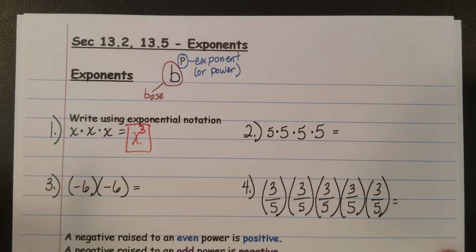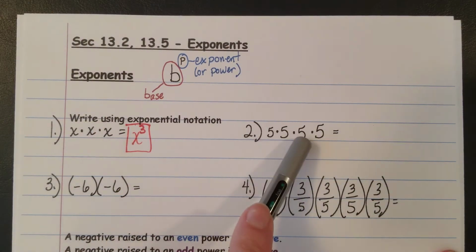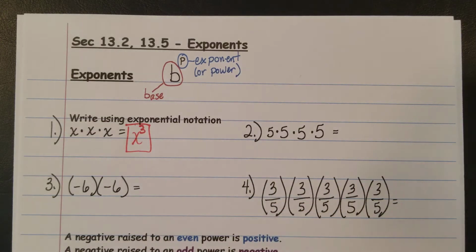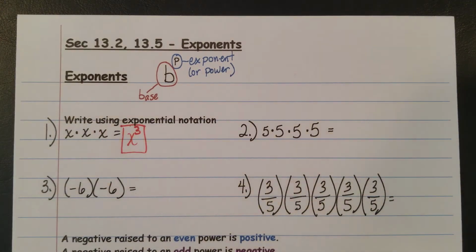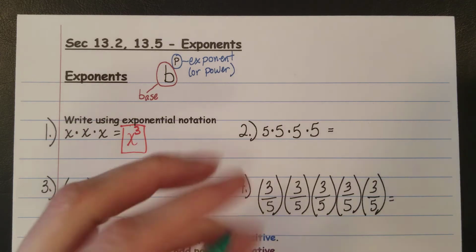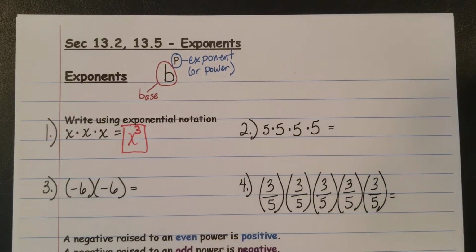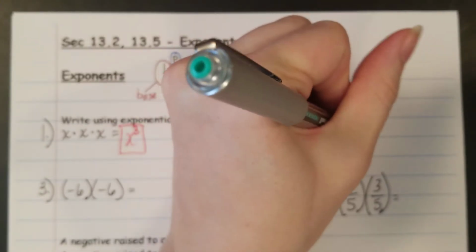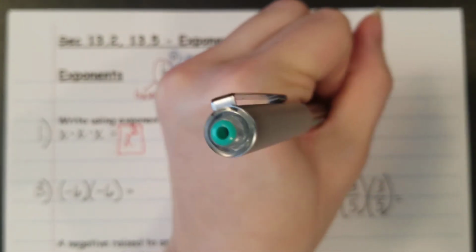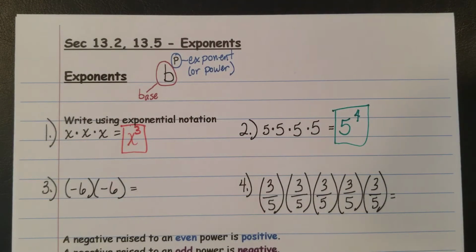Number 2 says 5 times 5 times 5 times 5. Again, all they're looking for is for you to write that using exponential notation. They don't want you to actually multiply that out. Since there's four 5s, they're just looking for you to write that as 5 to the power of 4.